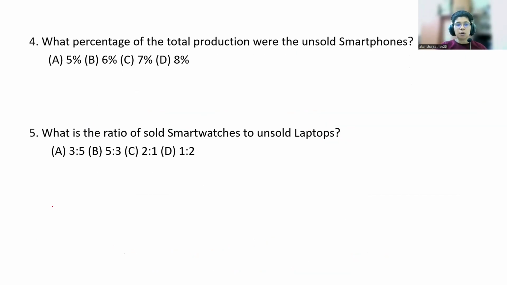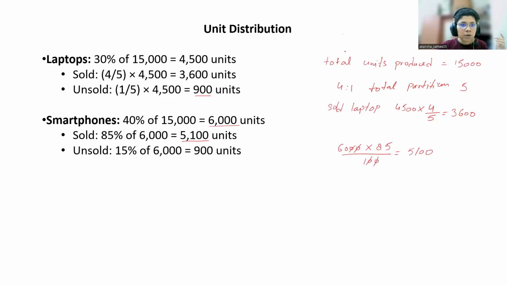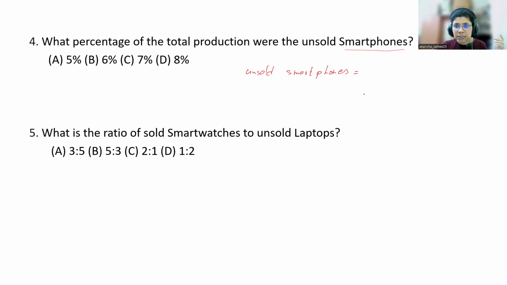Next problem. What percentage of the total production were the unsold smartphones? How many smartphones are unsold? Unsold smartphones is 900, right? Then total production is 15,000, right? 15,000 units we are producing.